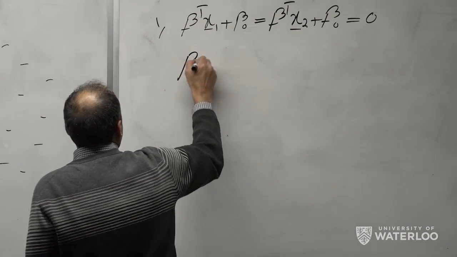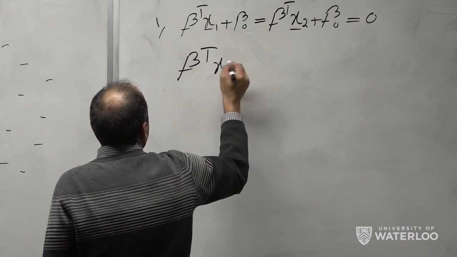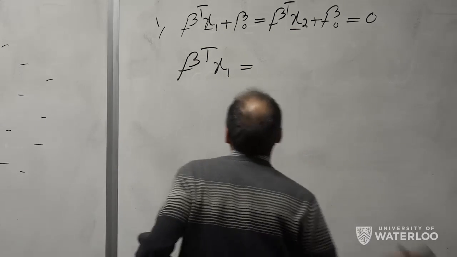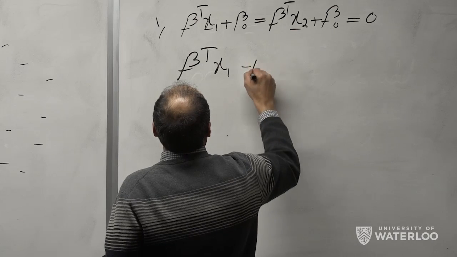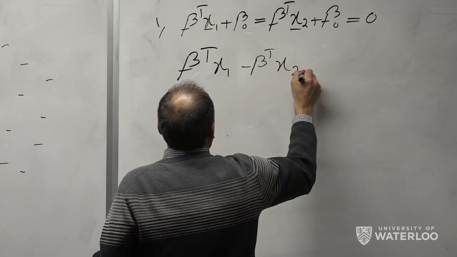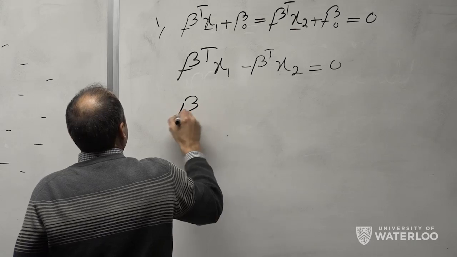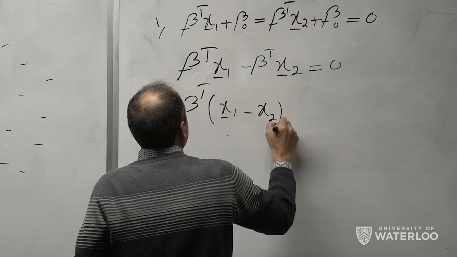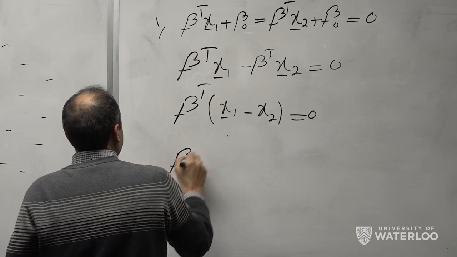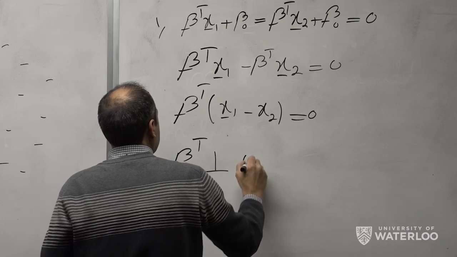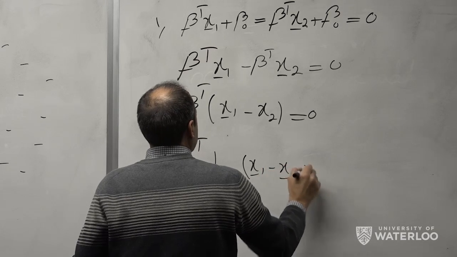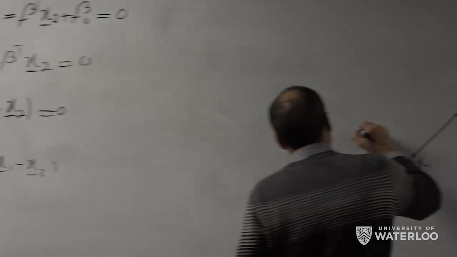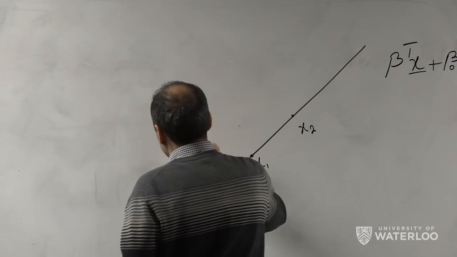So it means that beta transpose x1 minus beta transpose x2 is equal to 0, and it means that beta transpose x1 minus x2 is 0. It means that beta is orthogonal to x1 minus x2. So beta is orthogonal to the hyperplane.